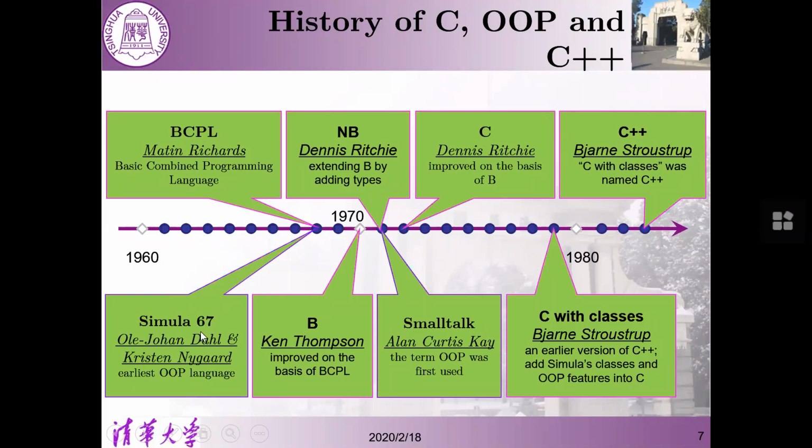The first OOP language is Simula 67, and then there's a language B. This language B was invented by Ken Thompson. I think maybe some of you know this person. If you know him, you can send some bullet screen messages. Ken Thompson, do you know him?